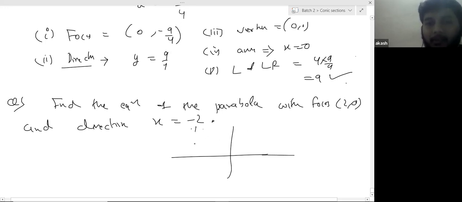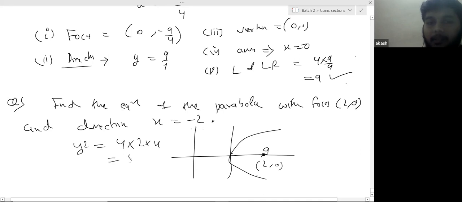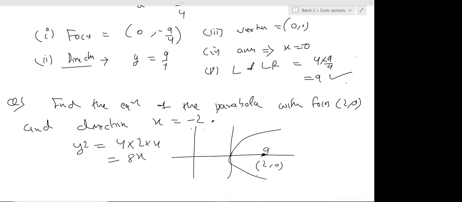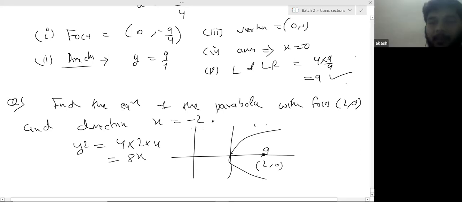Directrix is x equals -2, so this is the line. Focus is 2, 0. So the parabola will be like this, and this is type 1. And this is a. So y square equals 4 into 2 into x, 8x. Clear? Yes. In this type of question, if you draw a diagram, you will be absolutely clear what type of equation you are looking for.